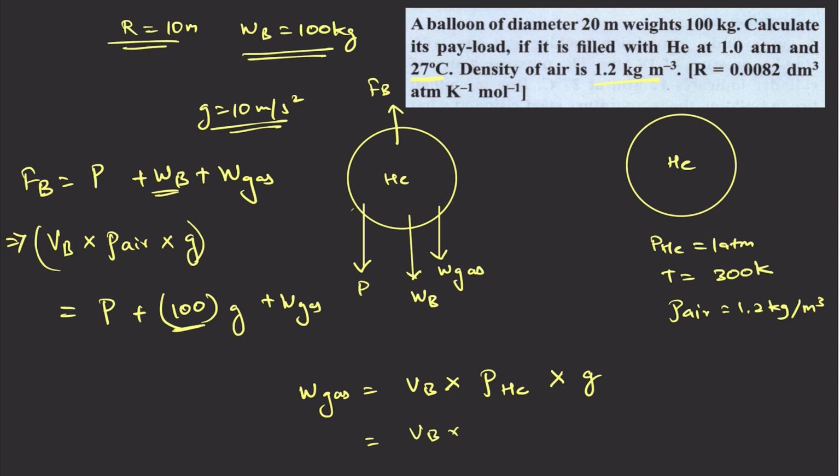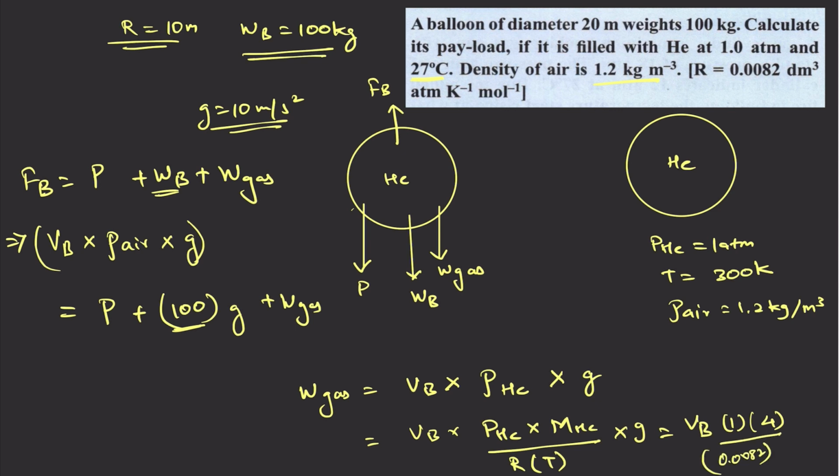Now the density of helium can be calculated as pressure of helium multiplied by molecular mass of helium divided by R into T. This can be further written as VB will be equal to pressure of the helium gas, which is 1 atm, multiplied by molecular mass of helium, which is 4, divided by R, which is given as 0.0082, multiplied by the temperature, which is 300 Kelvin.